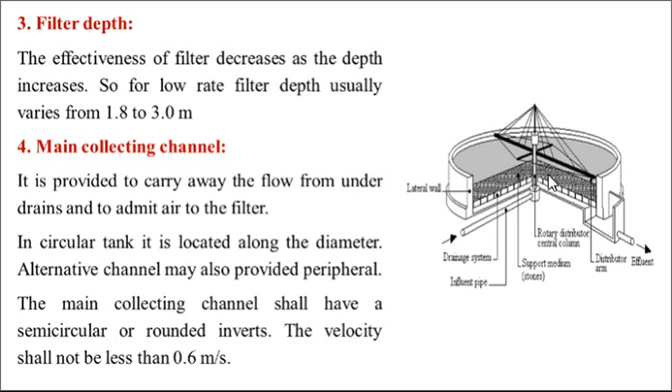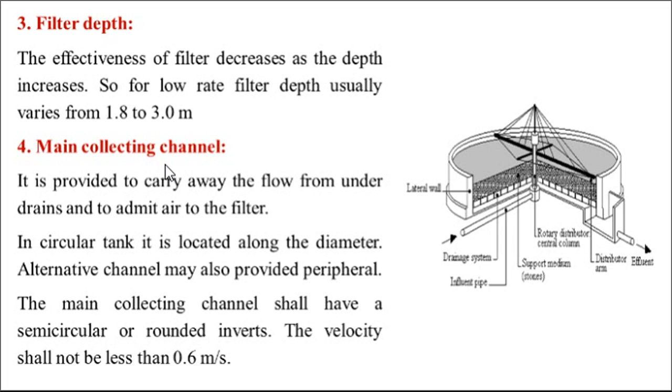Then next component is the main collecting channel. The main collecting channel is provided to carry away the flow from the underdrainage system and to admit air to the filter. In a circular tank, the main channel is located along the diameter of the filter. Alternative channels may also be provided on the periphery.